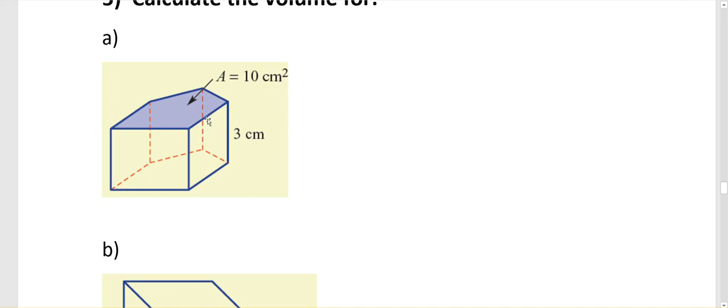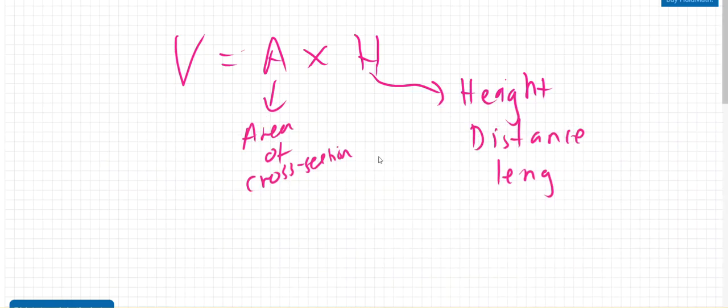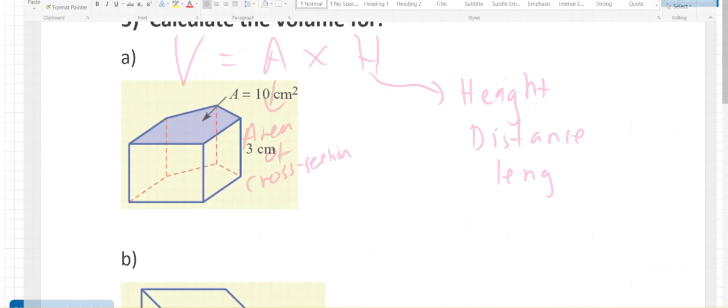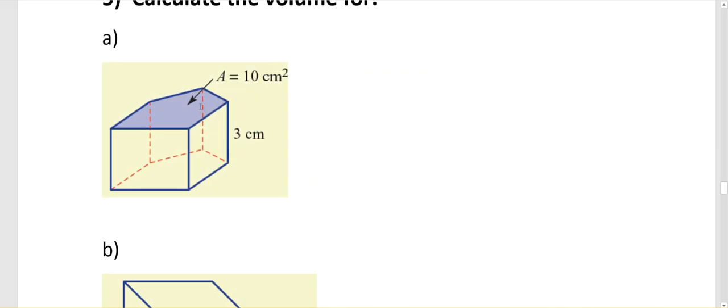Now, what's the height between them? Okay, that's where that h comes in, so height. Or I can say what's the distance between them or the length between them. So what's the distance or length or height between the top shape and that bottom shape? It's 3 centimeters.